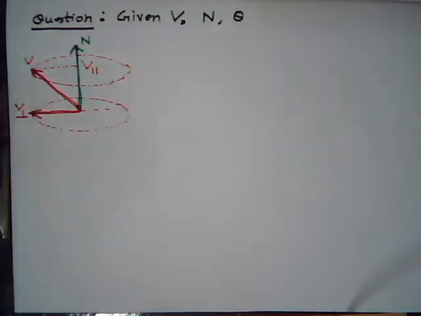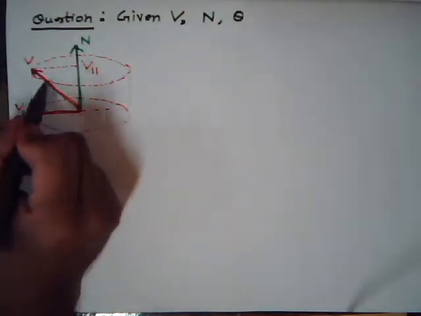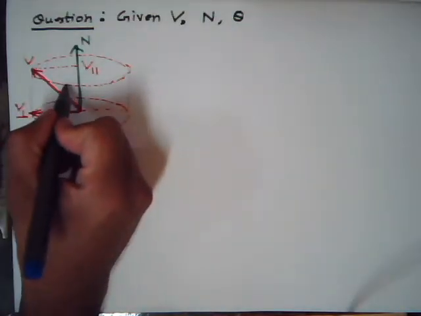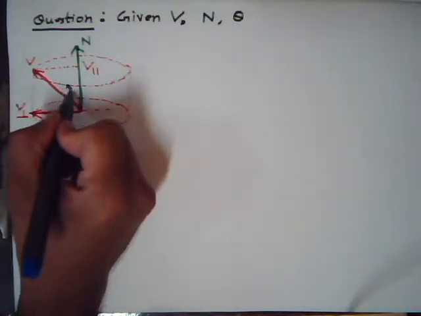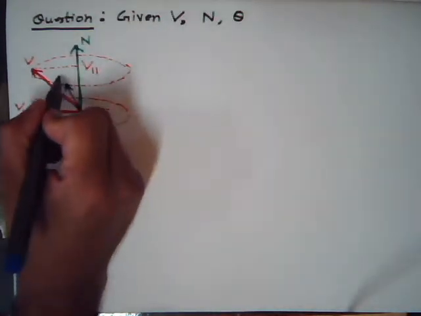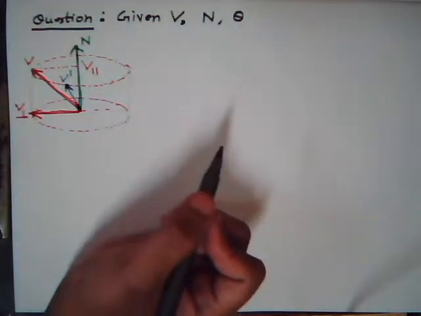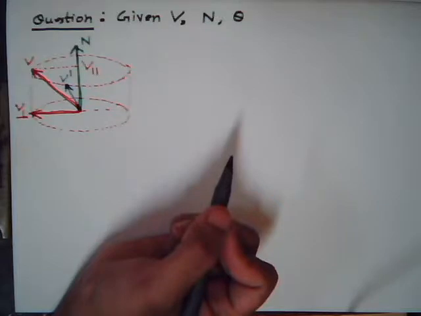Now after rotation, this point V comes here, say at this point, which is drawn with this blue ink. Let me call this vector V prime.